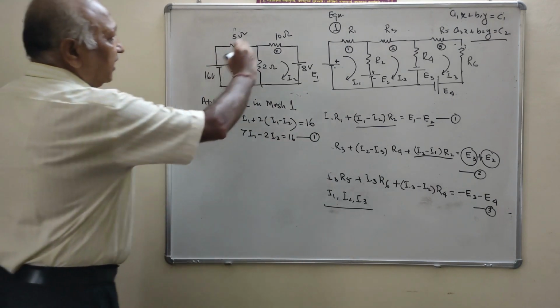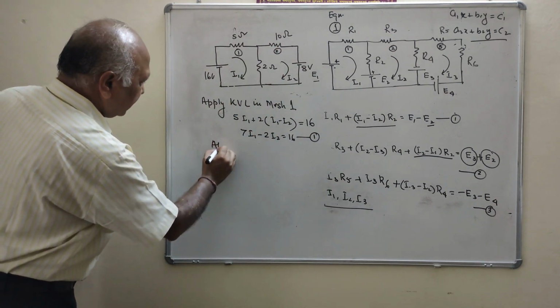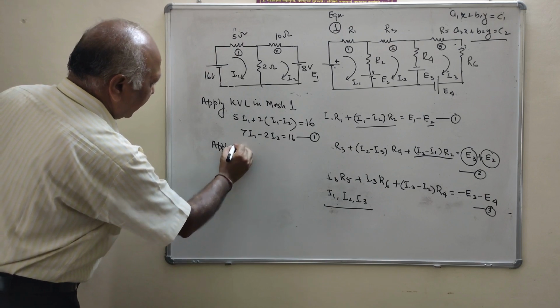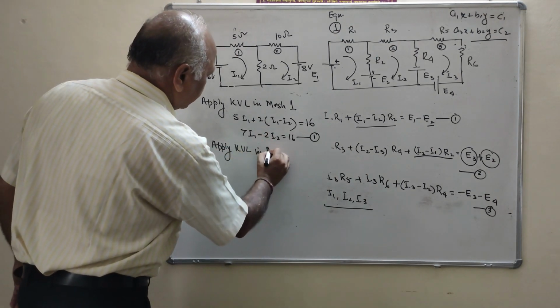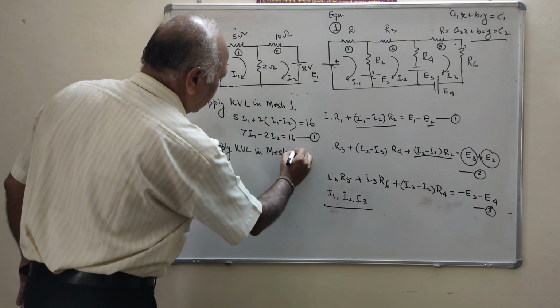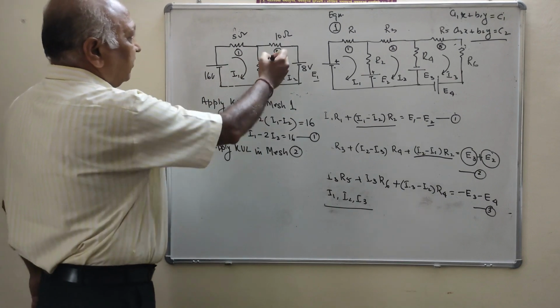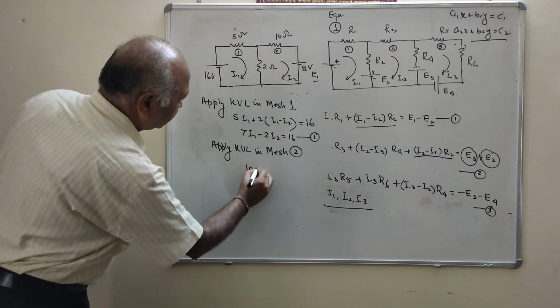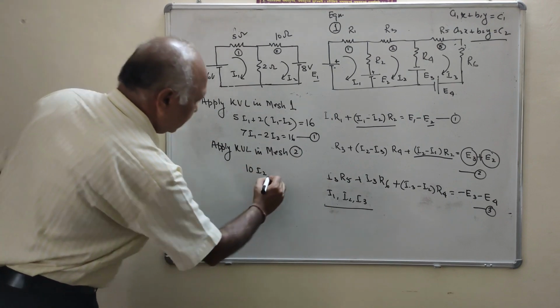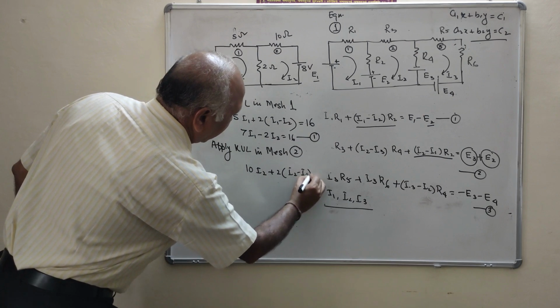Clear? Now in mesh 2, apply KVL. Look carefully, what is the equation? Drop in 10 ohm resistance is 10I2. Clear? Plus 2 into I2 minus I1.